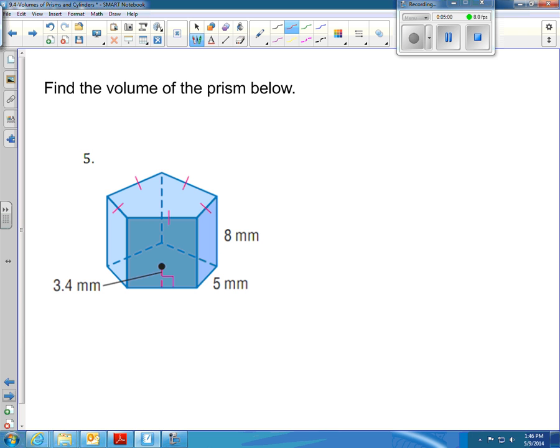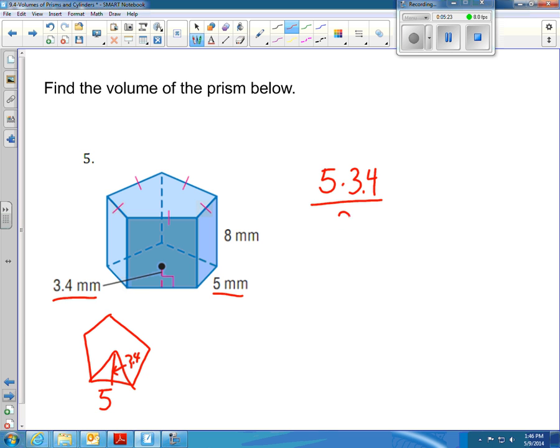Okay, so find the volume of the prism below. Our base is a pentagon, but the nice thing about this pentagon is they give us our base and our height. So let me just draw this out separately for you. They give us our base, they give us the height, it's 3.4. Okay, so base area of a pentagon, we're going to do base times height, divide by 2, times how many sides there are.